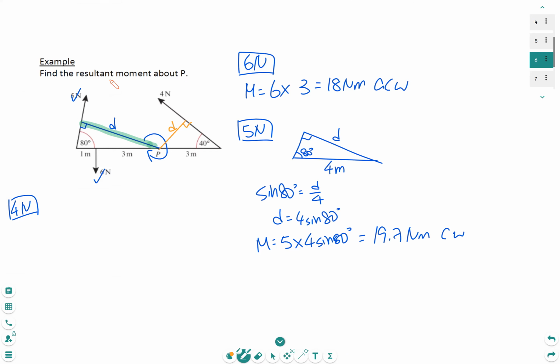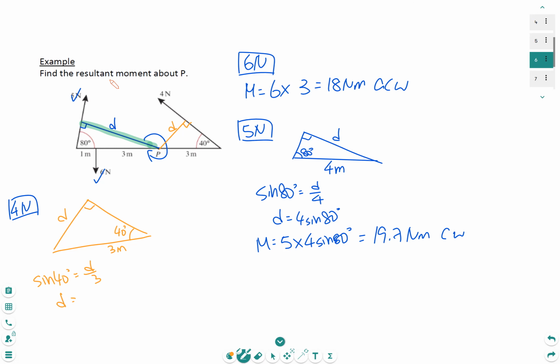To work out the distance, I am going to draw the triangle out. If you're familiar with your trigonometry, you don't have to do that. So d, that's 40 degrees, that's 3 meters. Opposite over hypotenuse is sine. So sine 40 degrees equals d over 3. If you do it correctly, your distance will always be on top of the fraction.